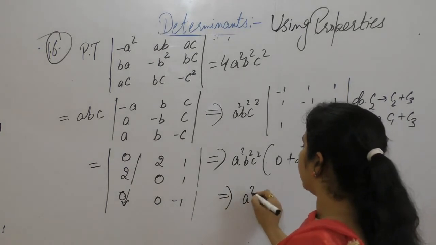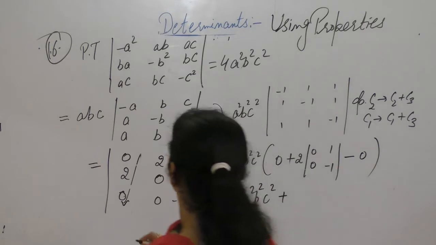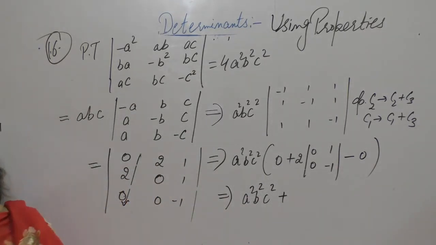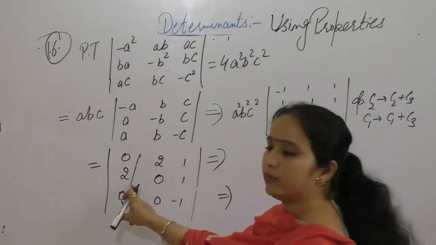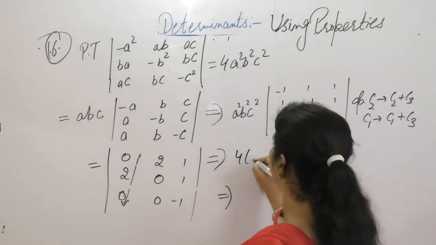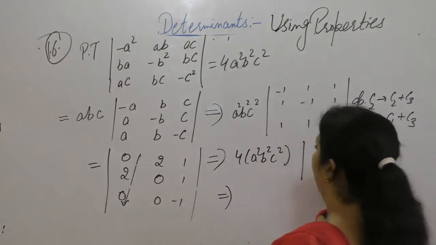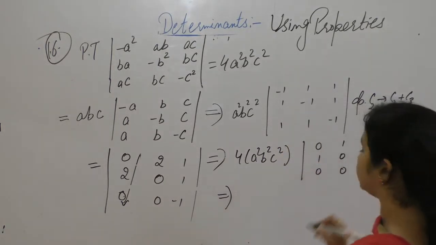Or we can take 2 common from both the columns, 2 into 2, 4. A square, B square, C square, with rows (0, 1, 0), (1, 0, 0), (1, 1, minus 1). We can do it by this method also.